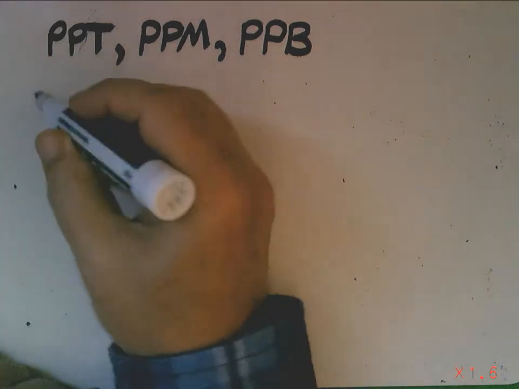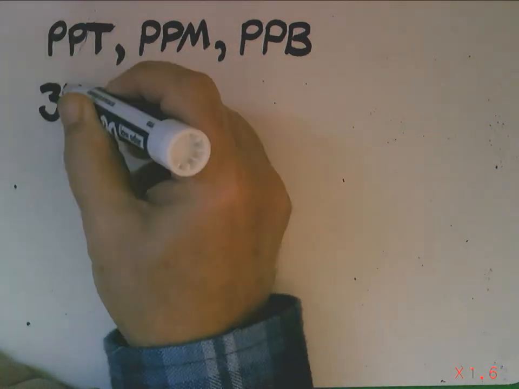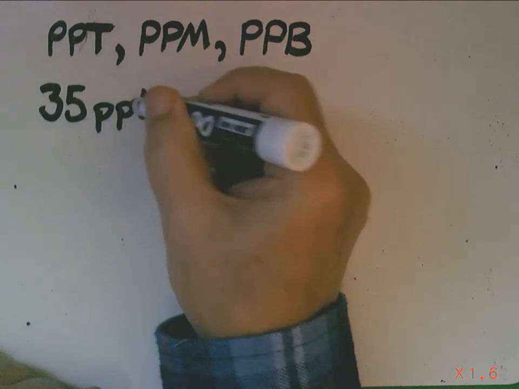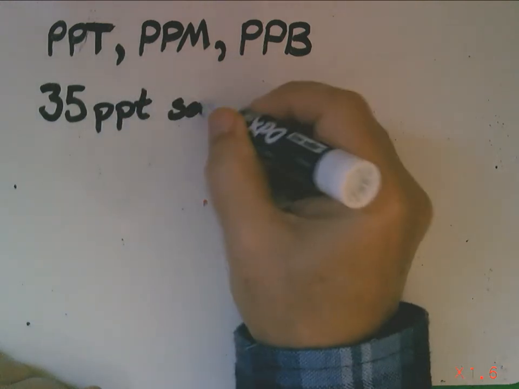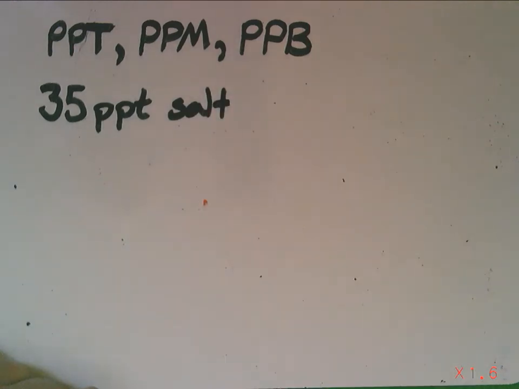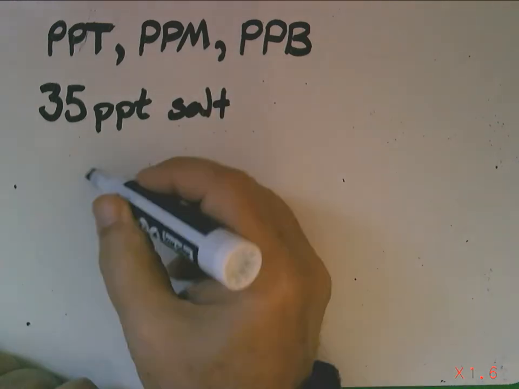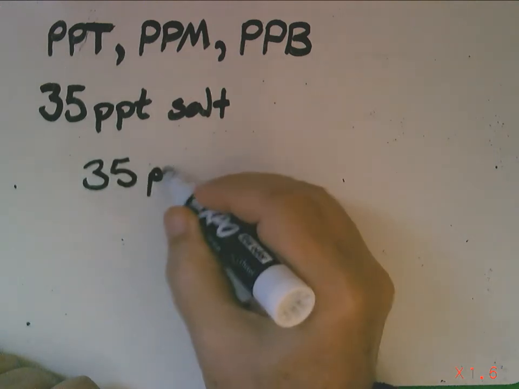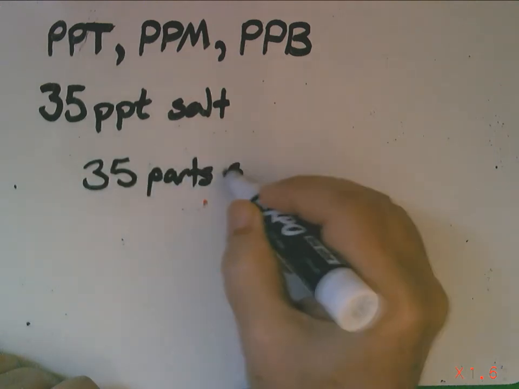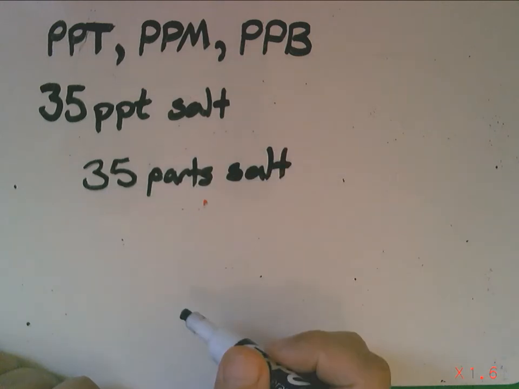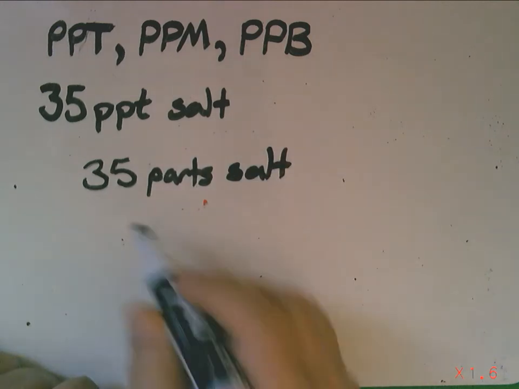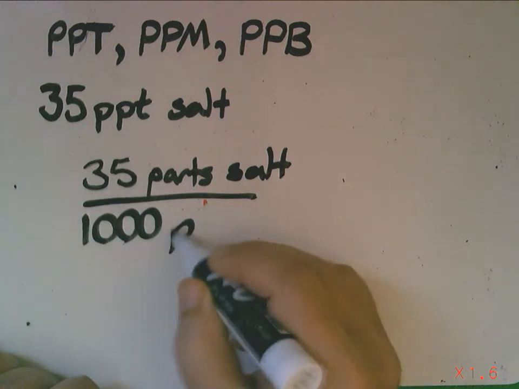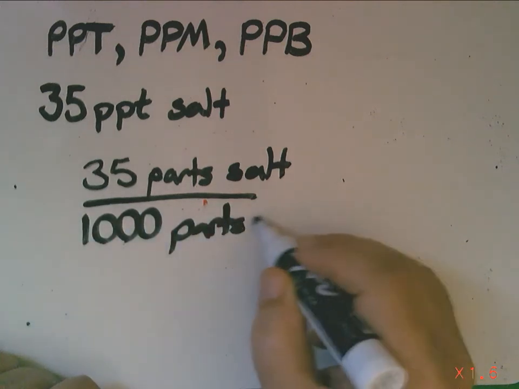If someone tells you that seawater is 35 parts per thousand salt, you can write that down as 35 parts salt for every 1,000 parts seawater.